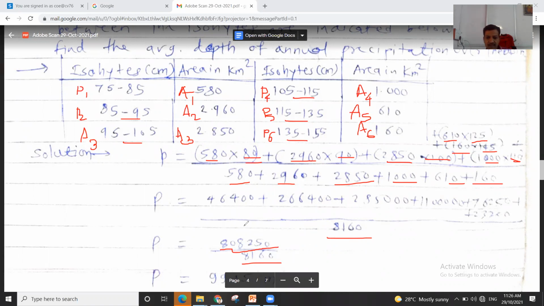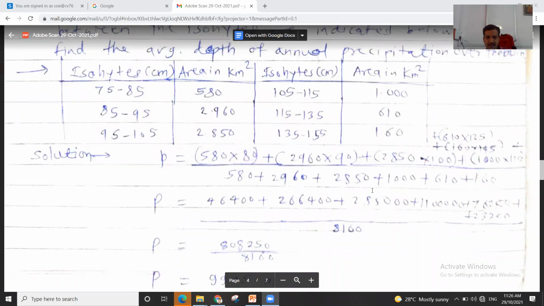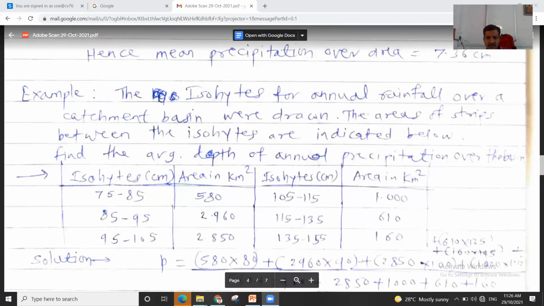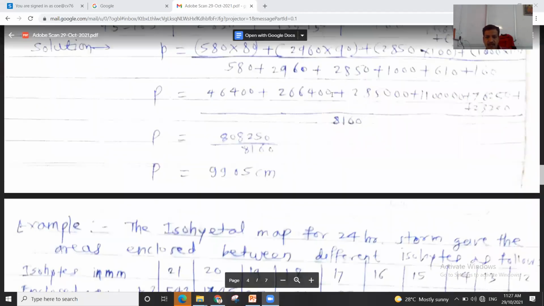By dividing this we get the mean precipitation, average depth of precipitation that is 99.05 centimeter. This is the average precipitation of the catchment area.